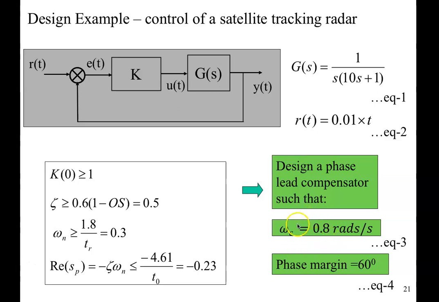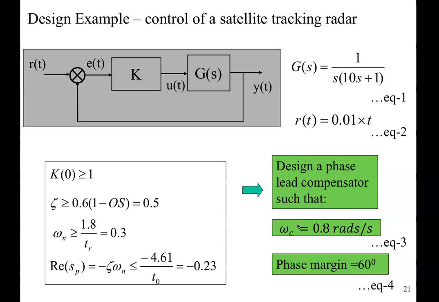Crossover frequency and phase margin, in this particular application, apply to both G and K together. So once we design the Ks, if we add Ks and Gs together, the crossover frequency should be at 0.8 radians per second. At this frequency, I should have a phase margin of 60 degrees. So that's my design aim.